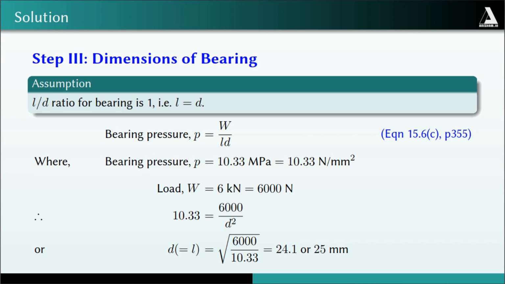Substituting P and W and L equal to D, we obtain D as 24.1, which we round off to 25 millimeter. So the diameter of the bearing as well as the length of the bearing will be 25 millimeters.